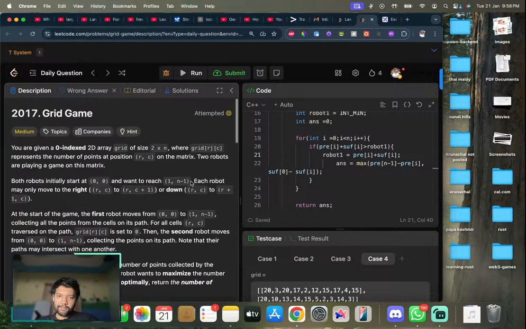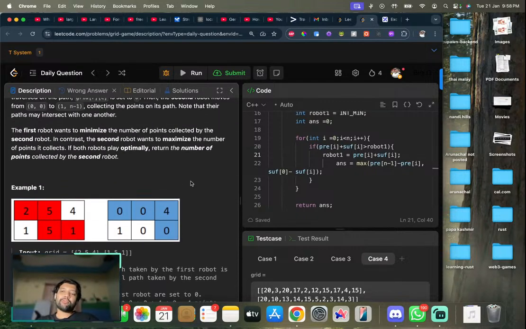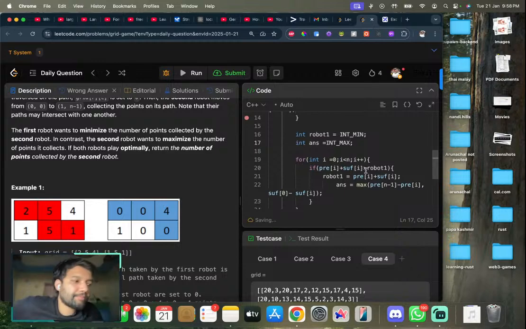Okay, so the first robot wants to minimize. So let's take answer is equals to int max. Let's do this job.